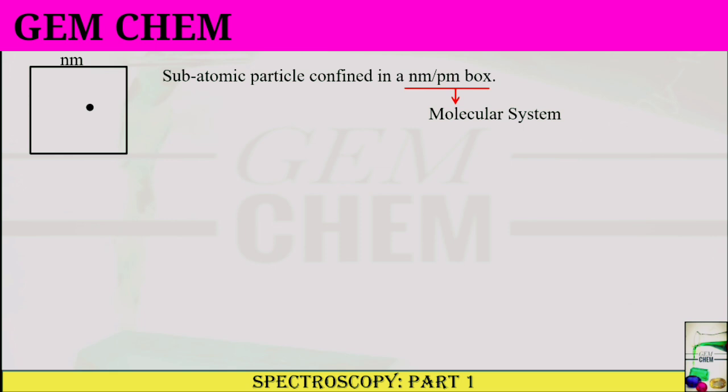Then this box is considered as the molecular system, for which you can easily apply Newtonian mechanics, where the particle has a finite size and the box must have an appreciable length. To determine the energy, we are going to use our momentum and position, where the two coordinates are used to derive the energy and can easily predict those energies.